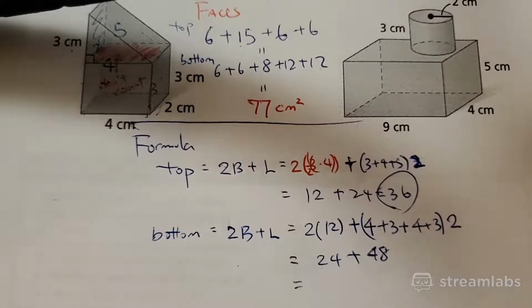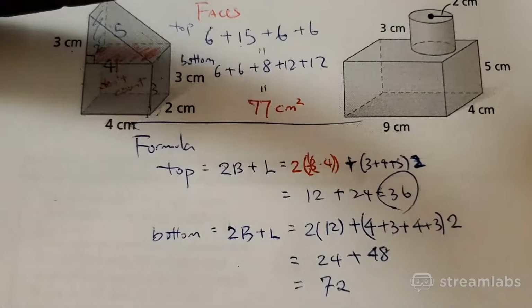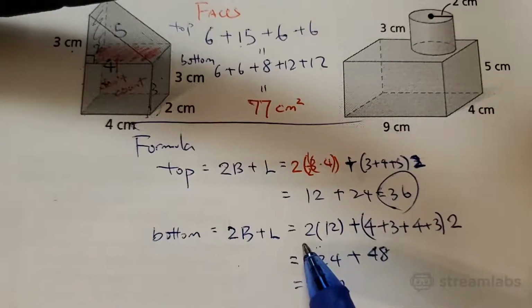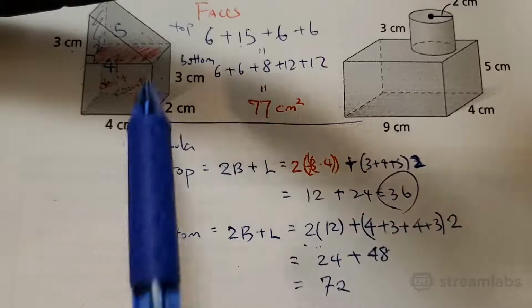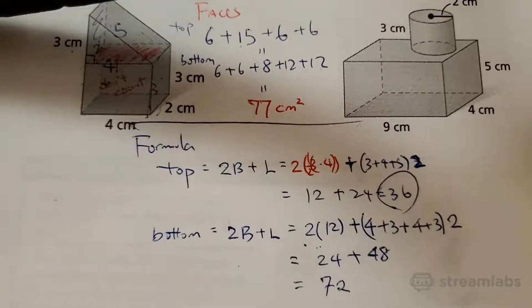So this is going to be 72. Did it right. Some might feel like it's kind of shady. 2 times 3. Oh, yeah, no, that's fine, right? Looks good.